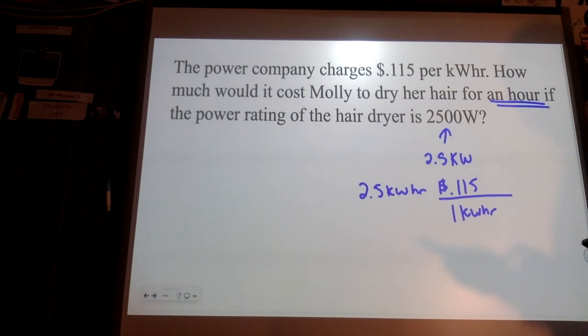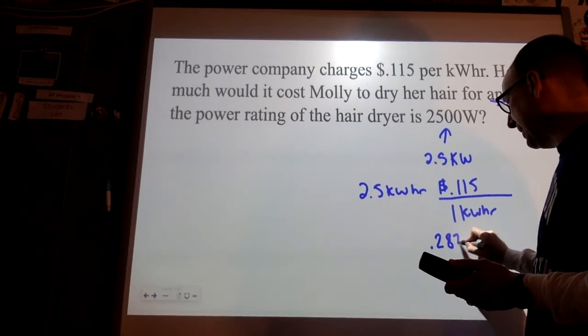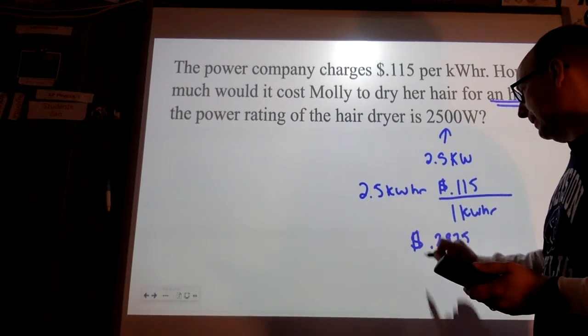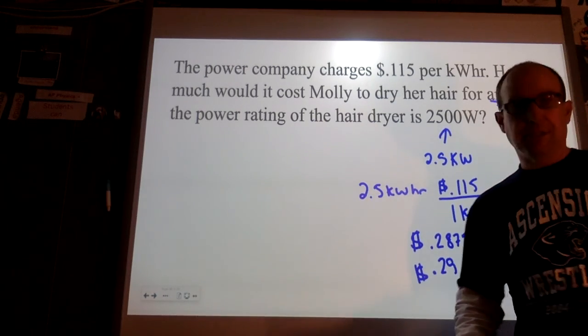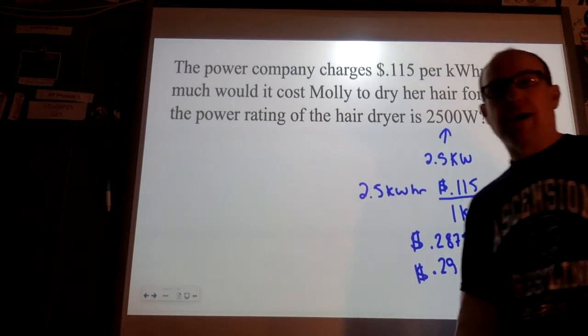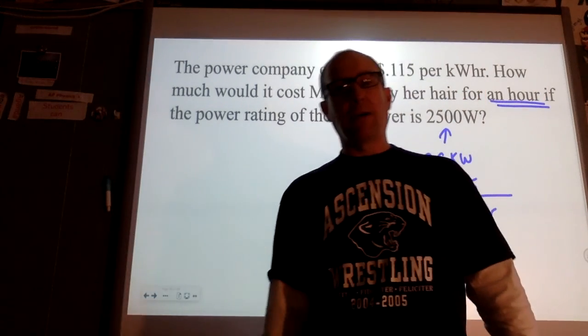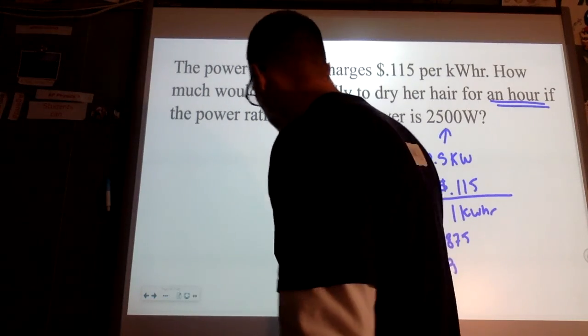And so this is going to cost us $0.2875. So they would charge us 29 cents because they always round up. And they really get you more on fees than what the electricity costs. That's the big cost in this.